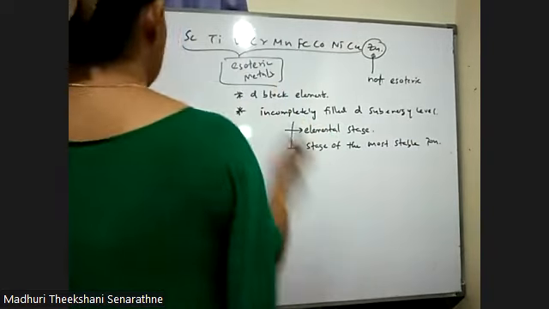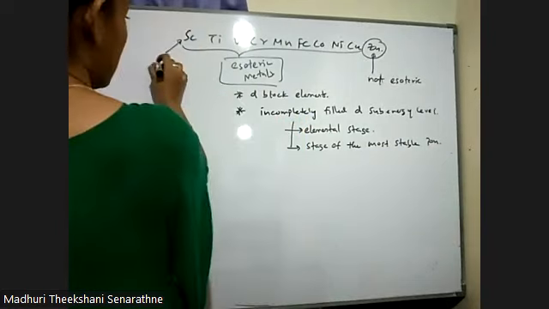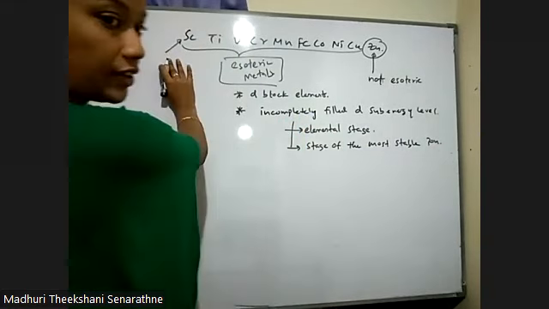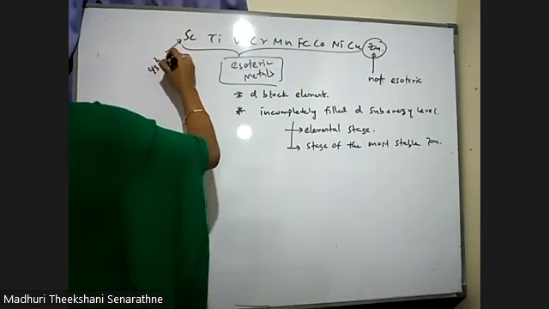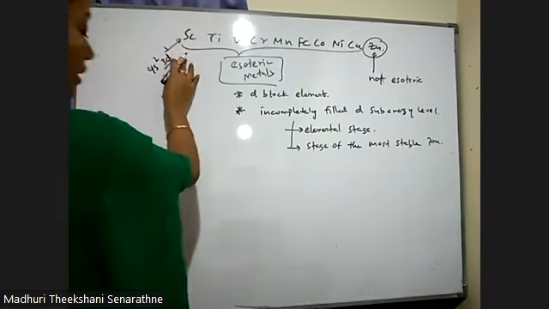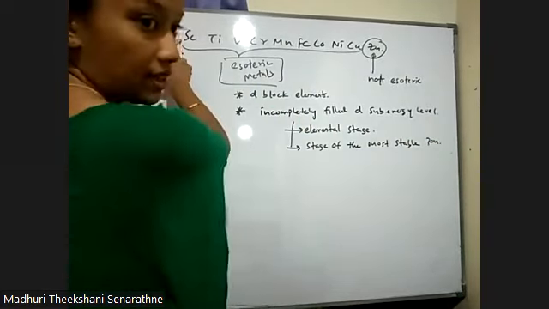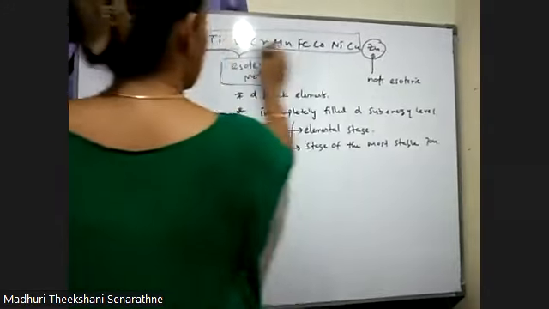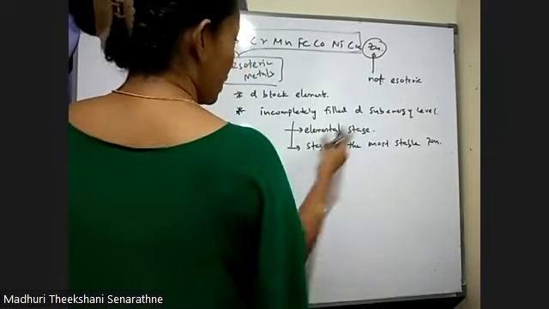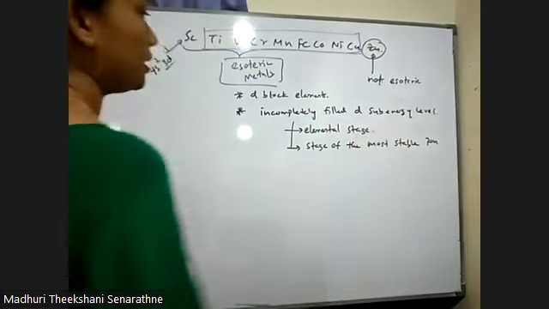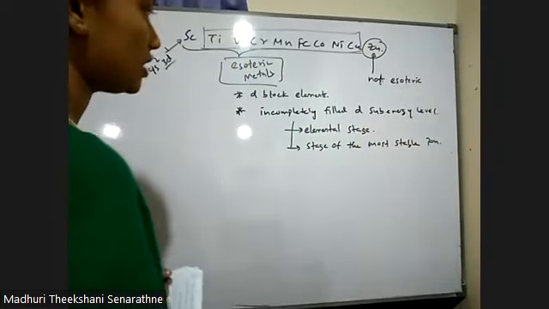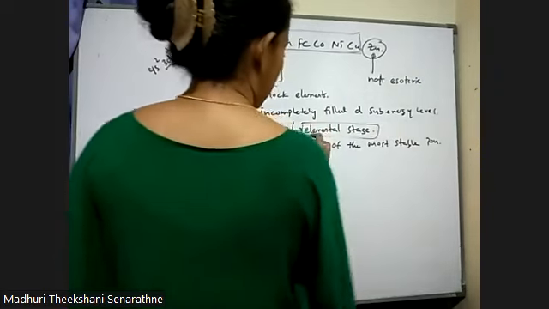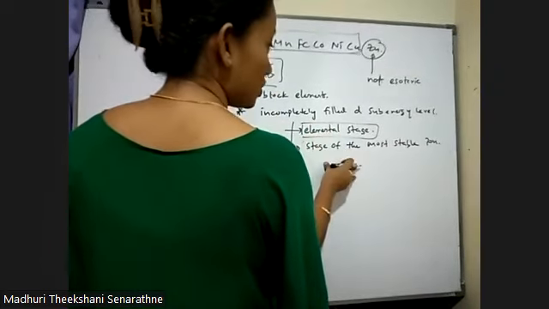For scandium, you can see the electronic configuration is 4s2 3d1. An incomplete D block is there. All other elements have an incompletely filled sub-energy level in the elemental stage or in the most stable ion.